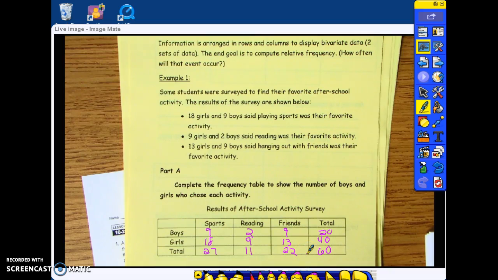So these charts work where you can add vertically or horizontally, and you should get the same answer. Now that we have our two-way frequency table created, we are going to flip over to the next page and create a relative frequency chart to figure out how often these events are occurring.